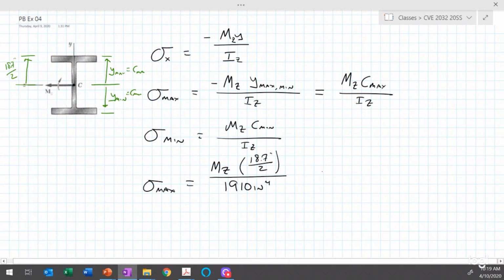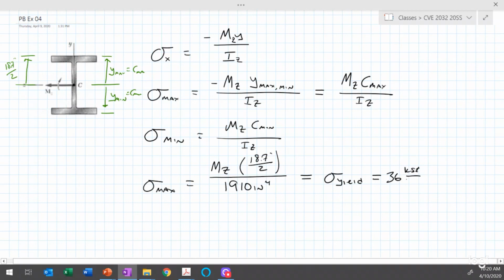And if we want to make sure that yielding is not going to occur in this section, then we set that equal to the yield stress for the cross section. And I think that in the problem statement, it was stated that the yield stress was equal to 36 ksi.